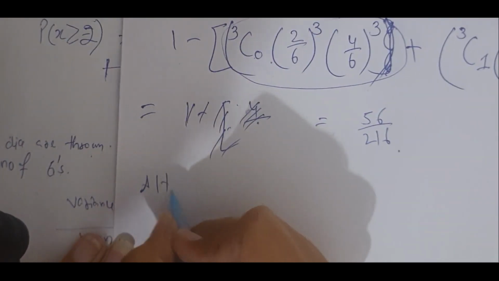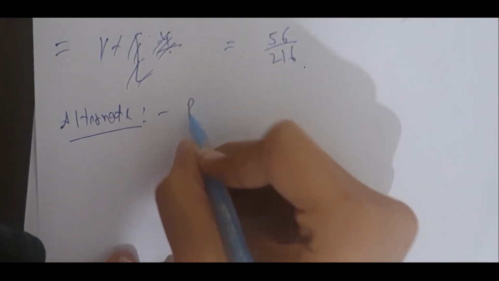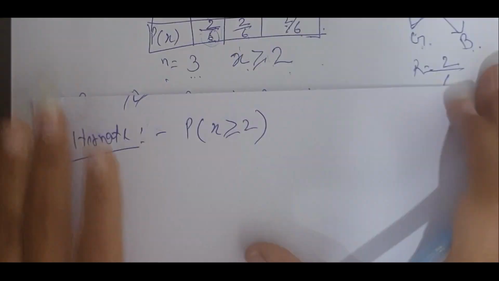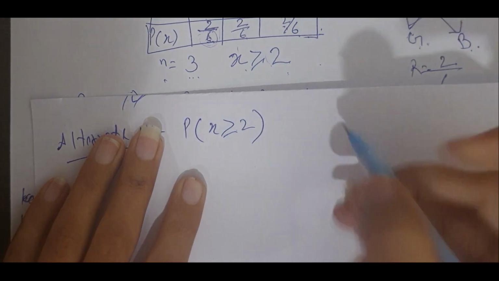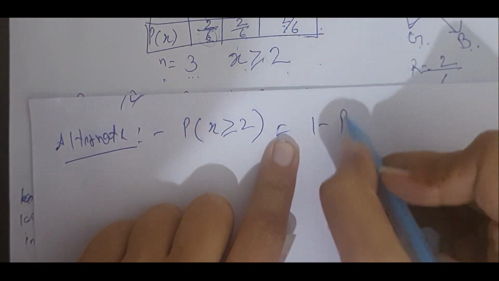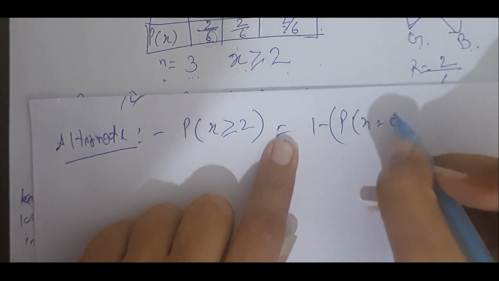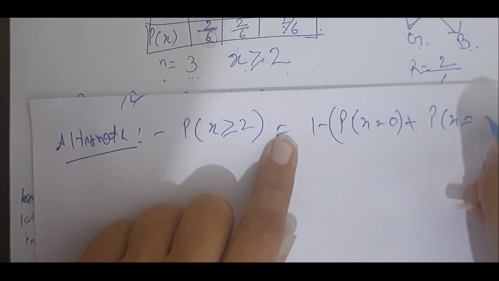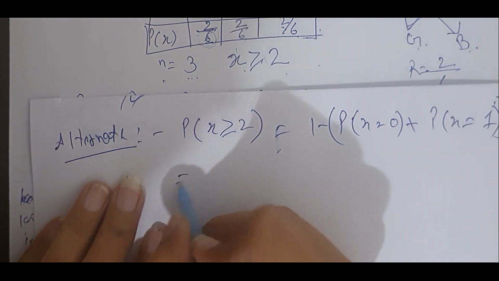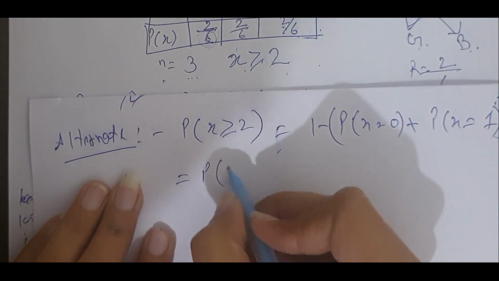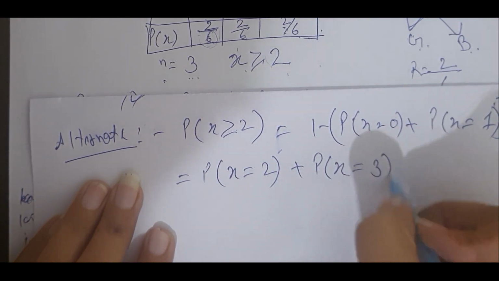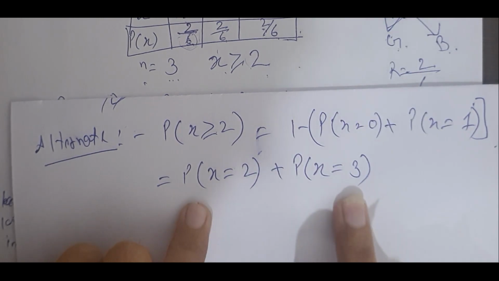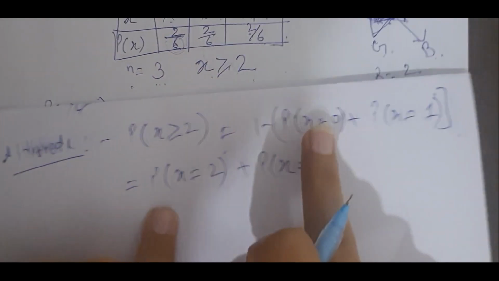And an alternate method: here X was greater than or equal to 2. We solved it as 1 minus (P(X=0) plus P(X=1)). But we can also do it as P(X=2) plus P(X=3), because here N was 3, so it can go up to 3.